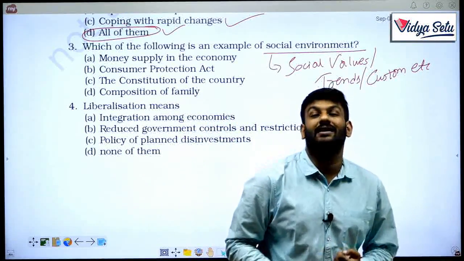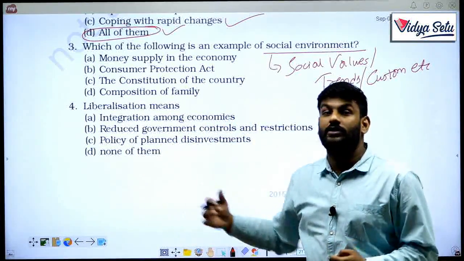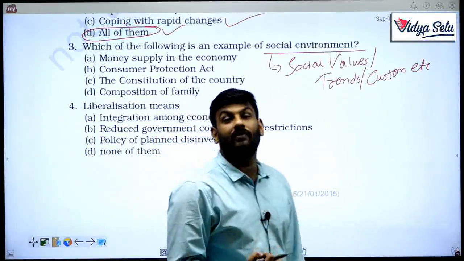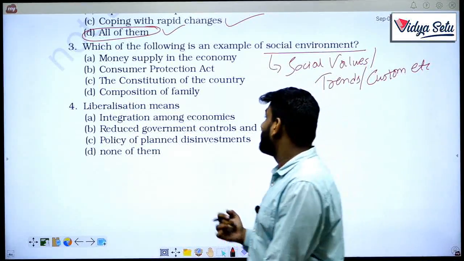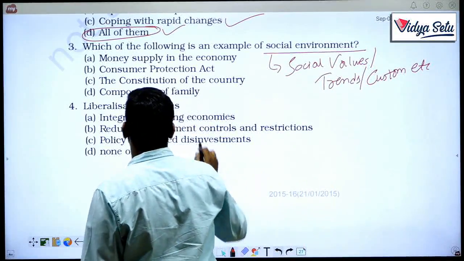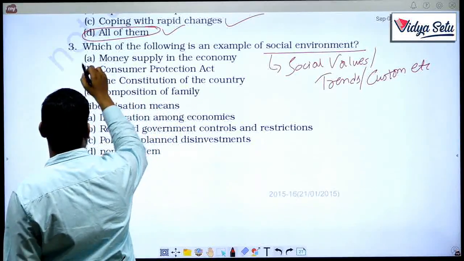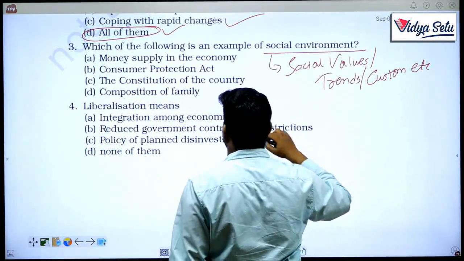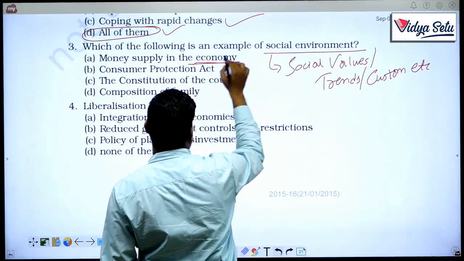So now here we can check in all these options what can be dealt with by the social environment. Let's see. Money supply in the economy. No, my dear friends, this will be dealt with by the economic environment.